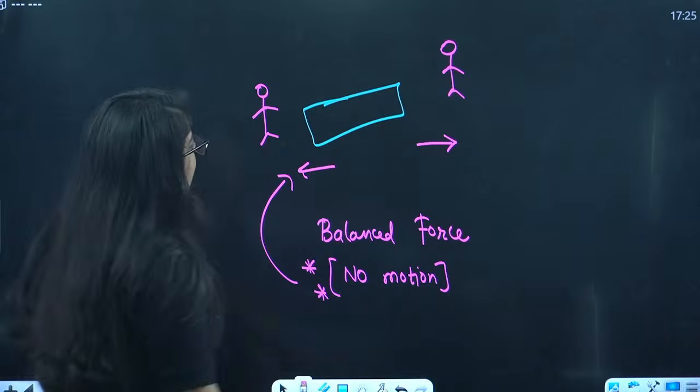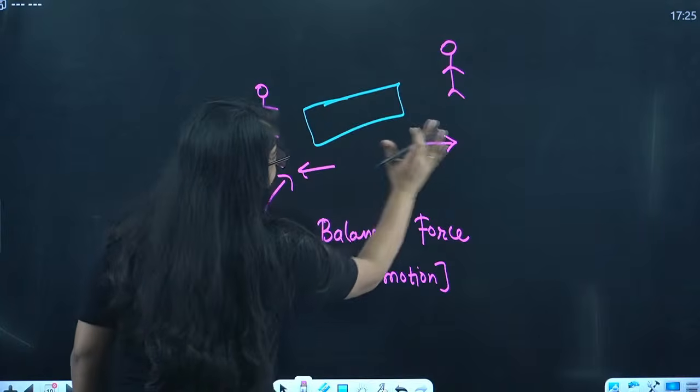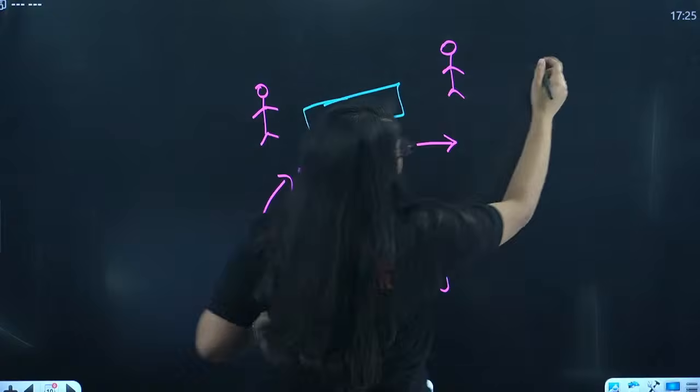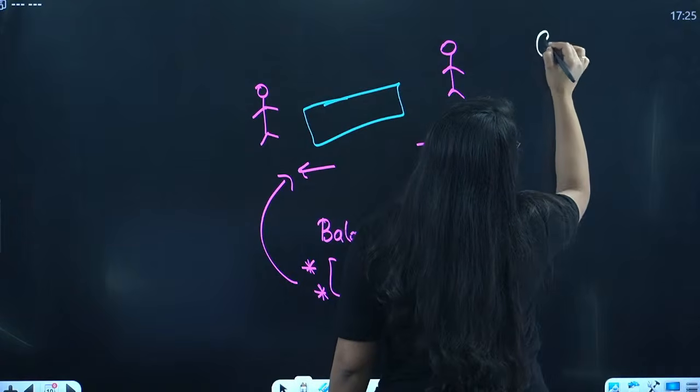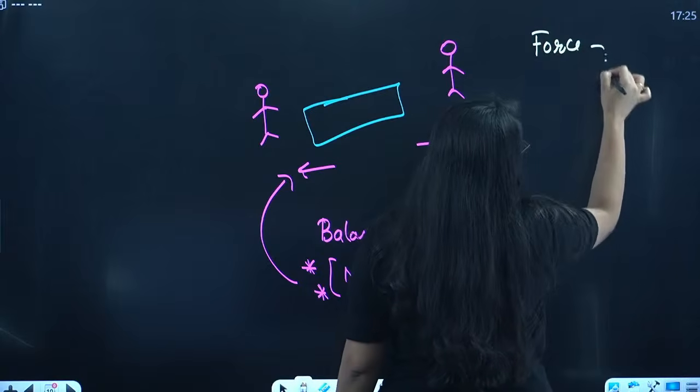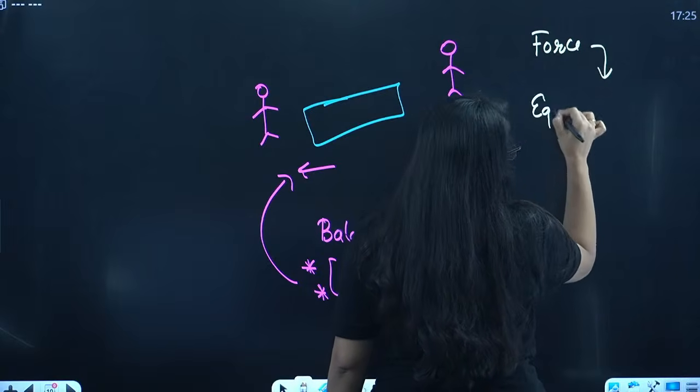Okay, so beta, here you have the same force. So what is happening here? See, you and your twin are applying a force of equal magnitude.